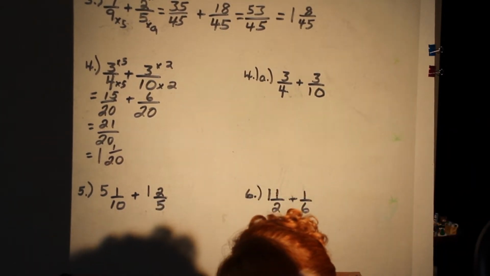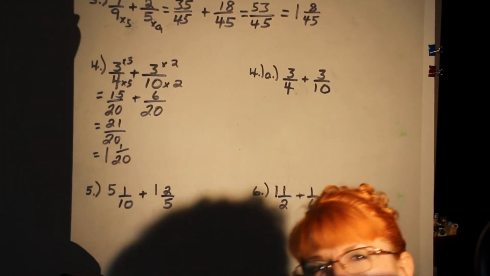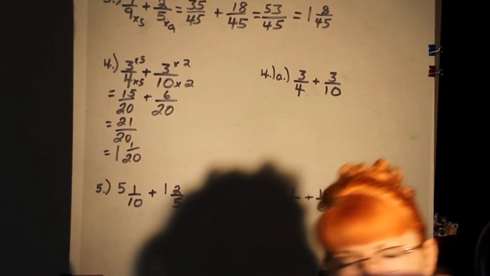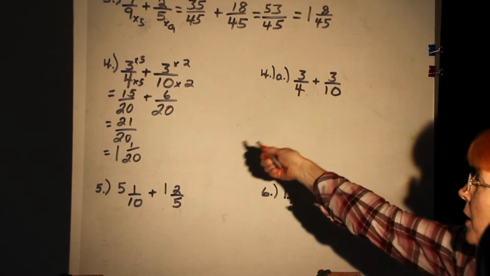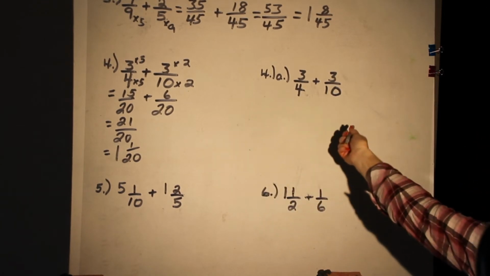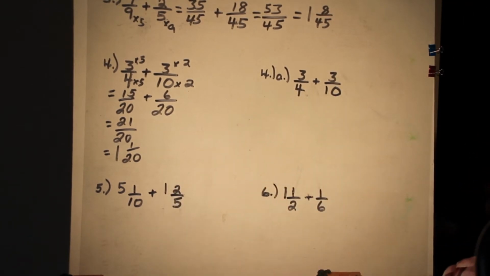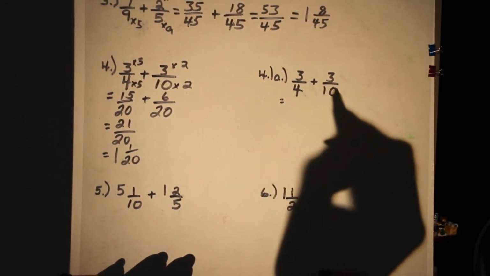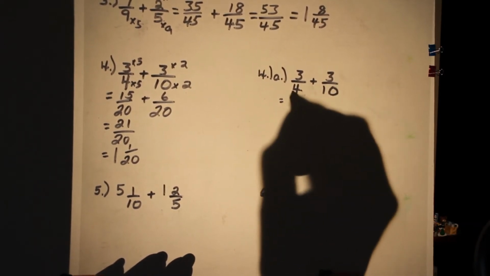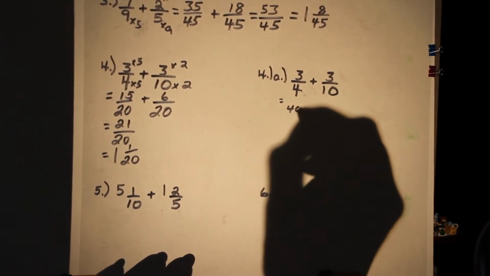Make sure I'm still on the screen here. Am I not? Yes. Doing the same question using not the smaller denominator, I'm going to use the larger denominator, and you can see you'll end up with the same answer, just an extra step. So we have, instead of 20, I'm going to use 40. 4 times 10 gives you 40.